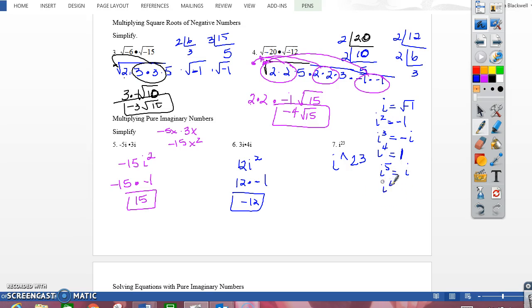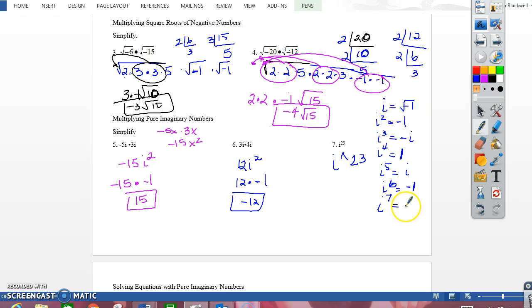i to the 6th power is going to be i times the square root of negative 1, so it would be i times i, which is i squared, which is negative 1. And then i to the 7th power would be negative 1 times i, because this is i to the 6th, and we're just multiplying by another square root of negative 1, I'm sorry.